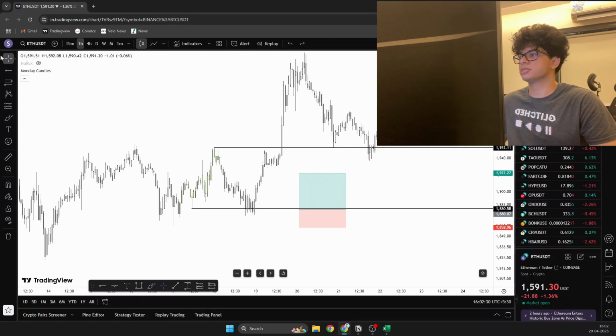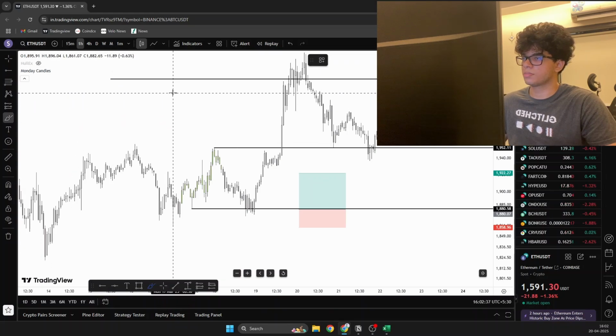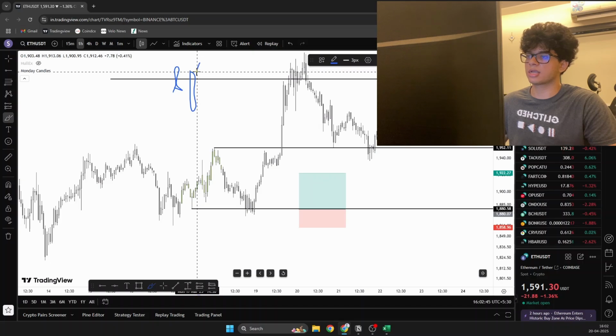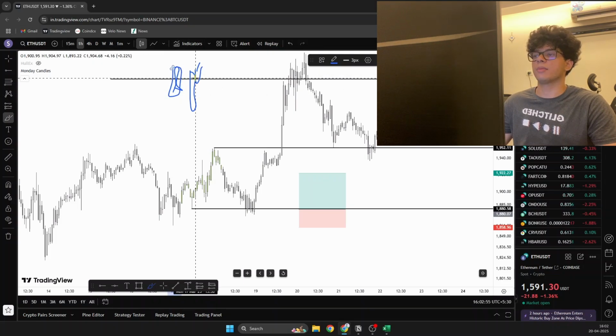if there is a resistance area, let's say here, price closes above it, and then price closes below it again, and the second candle is a bearish candle and closes below this one, and it eats and swallows up the uptrend candle, the bullish candle, the breakout candle, that means this is bearish.